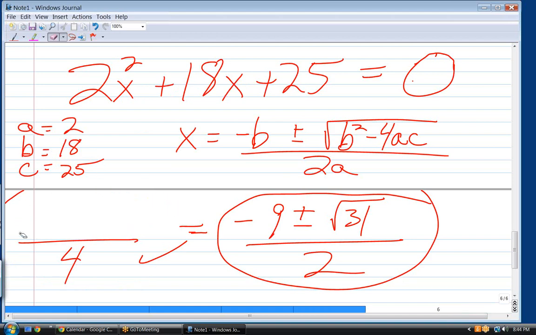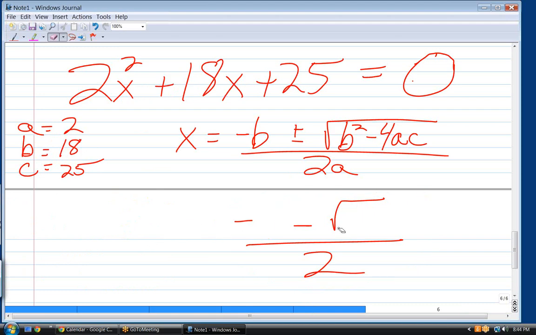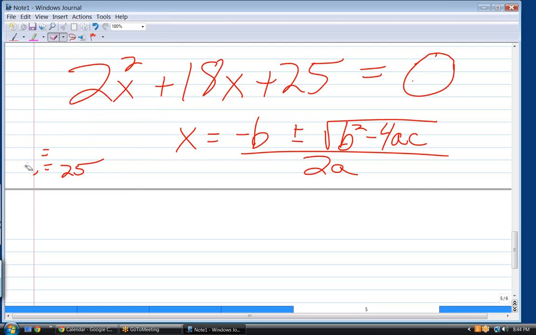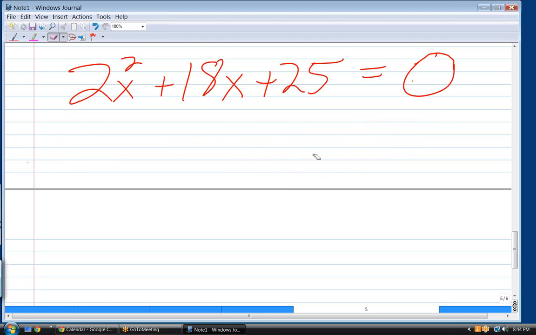If you're taking a test and you had a limited amount of time, I'd be tempted on a problem like this to go directly into the quadratic formula, especially if you know it well. Okay. I don't know. That's something I can't really say. It really kind of depends on how fast you can figure out whether it's factorable or not. And that's not always something that people can figure out quickly.